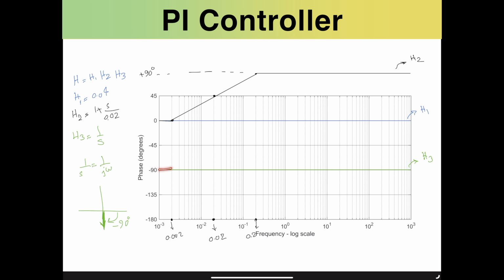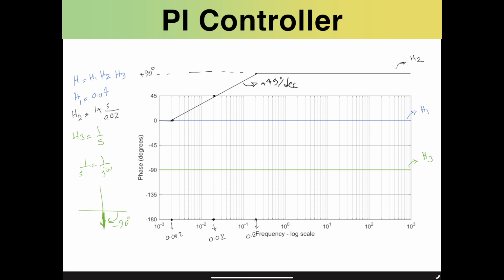Now we will keep moving until we hit the first critical point. As you can see here, it's going to be 0.002. At this point, we need to follow the slope, and this slope is going to be plus 45 degrees per decade. So let me just write it down as well, that this is plus 45 degrees per decade.